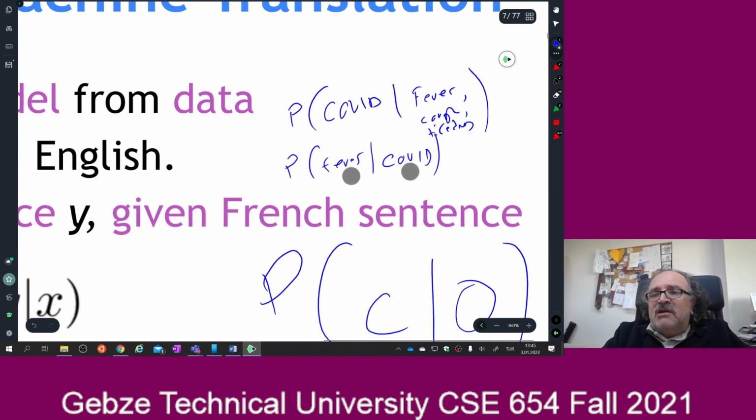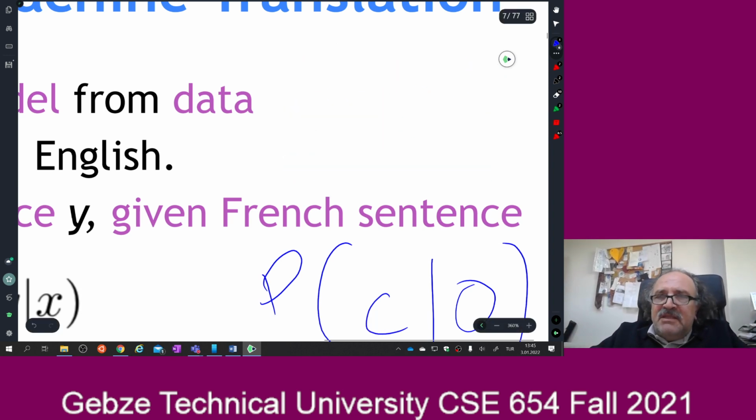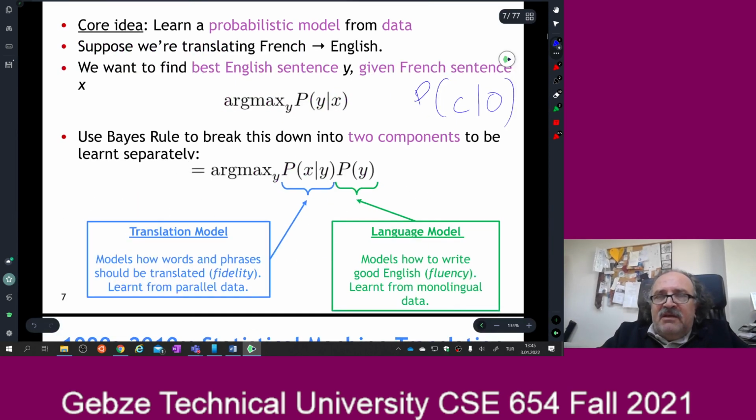This is easy to calculate because all the books, all the research articles, they give you this probability. COVID causes fever in 85% of the people, right? So that was the reason. So I just converted from the cause to the observation, cause to the effect. So cause effect probabilities are easier to calculate, but in this case, I don't have it, okay?